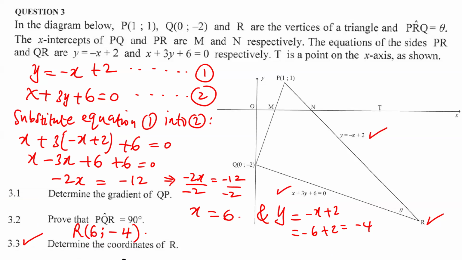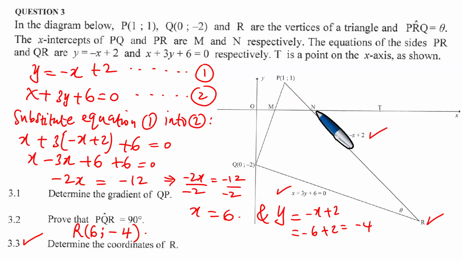There are a couple of things that remain very important for us to take into account. Next, we solve the next question. To summarize, we have been able to determine the coordinates of R. How did we do that?